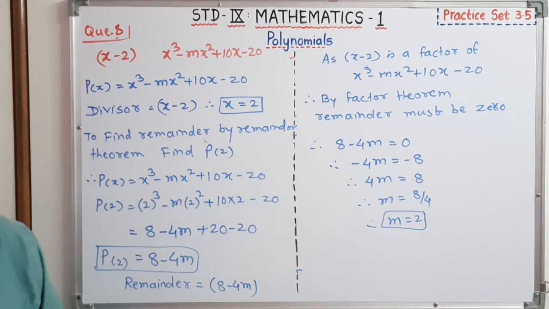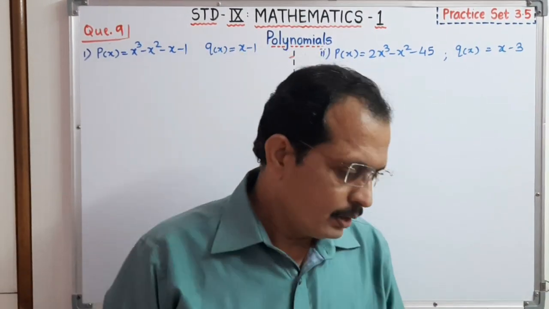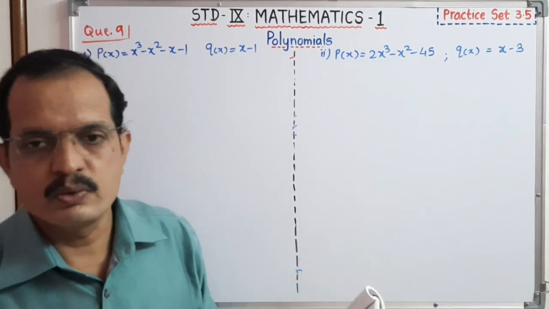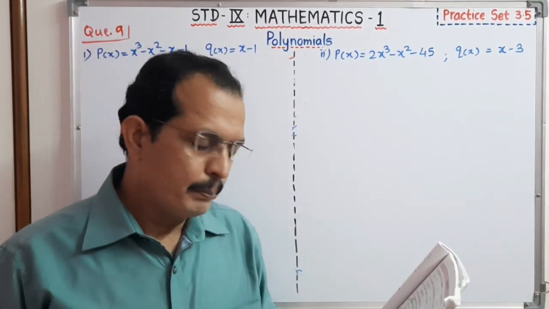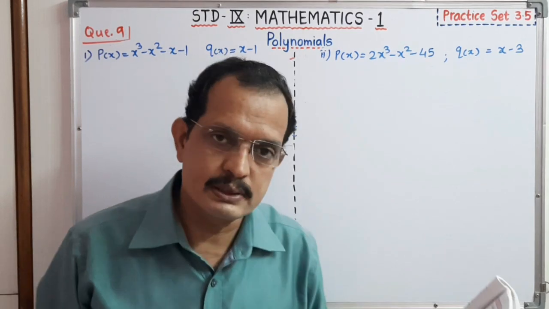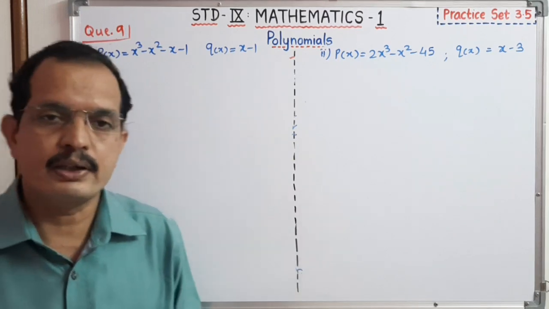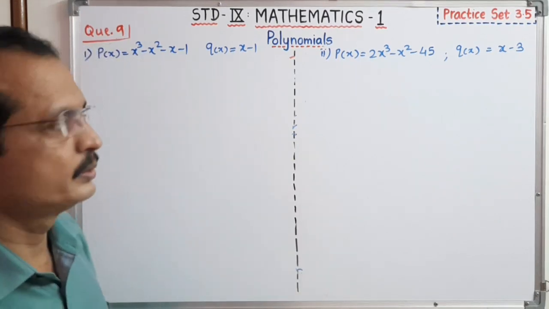Now we have to start with question number 9. Dear student, see question number 9. By using factor theorem, in the following examples, determine whether q(x) is a factor of p(x) or not.